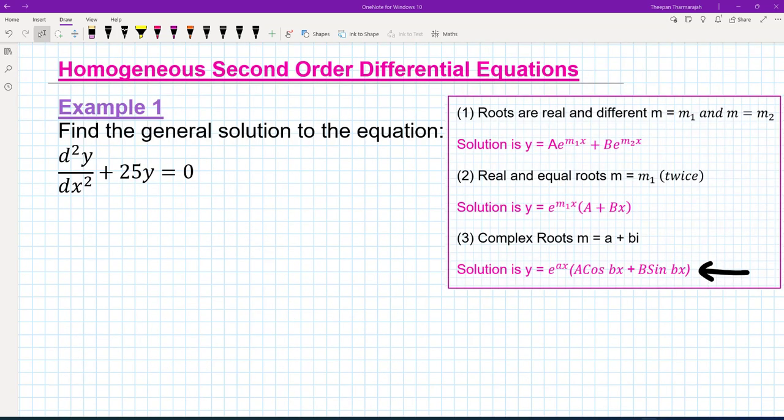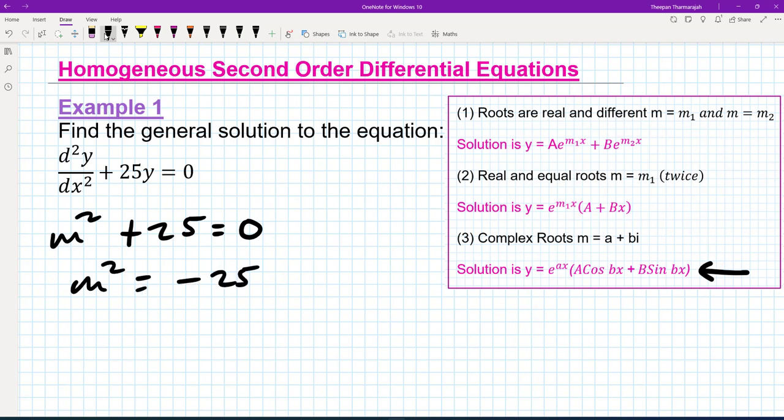Here's a question for you to try. When you're done, you can pause the video and I'll go through my worked solution. Okay, welcome back. So we've got m squared plus 25 equals 0. So m squared is minus 25.